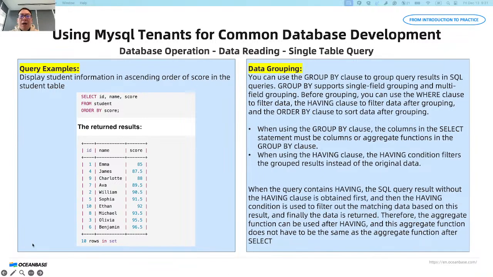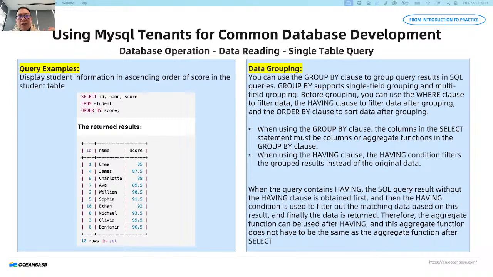You can use the group by clause to group query results in SQL queries. Group by supports single field grouping and multi-field grouping. Before grouping, you can use the where clause to filter data, the having clause to filter data after grouping, and the order by clause to sort data after grouping.